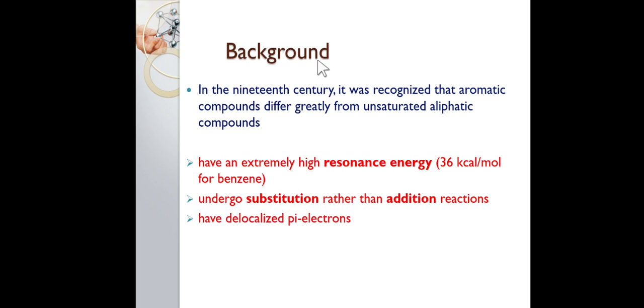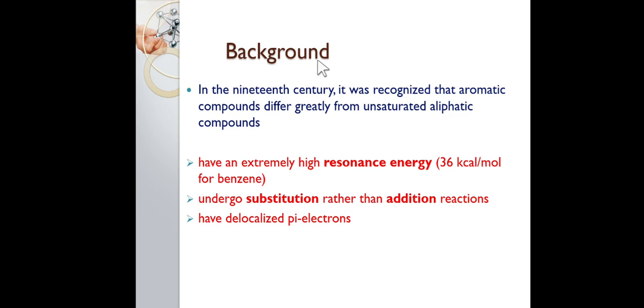In the 19th century, it was recognized that aromatic compounds differ greatly from simple unsaturated aliphatic compounds. Although they contain double bonds, they have different properties from simple olefins or unsaturated compounds.